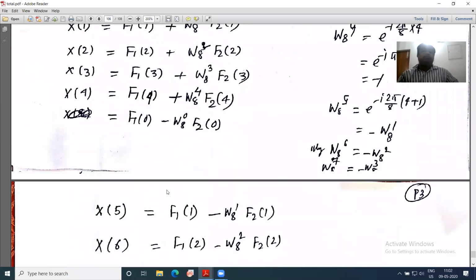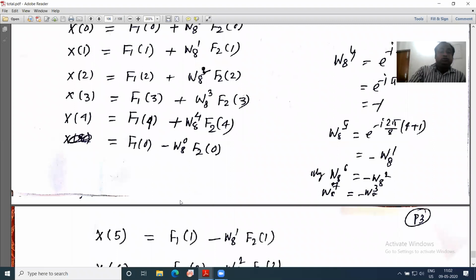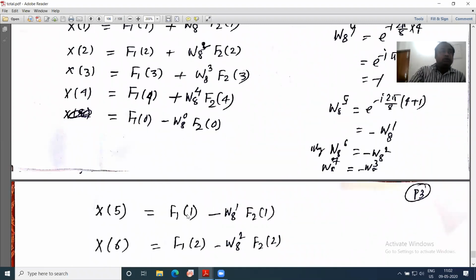Now x of 5 equals f1 of 5, and f1 of 5 equals f1 of 1, because f1 of k is periodic with period 4. Similarly, f2 of 5 equals f2 of 1, because f2 of k is periodic with period 4.